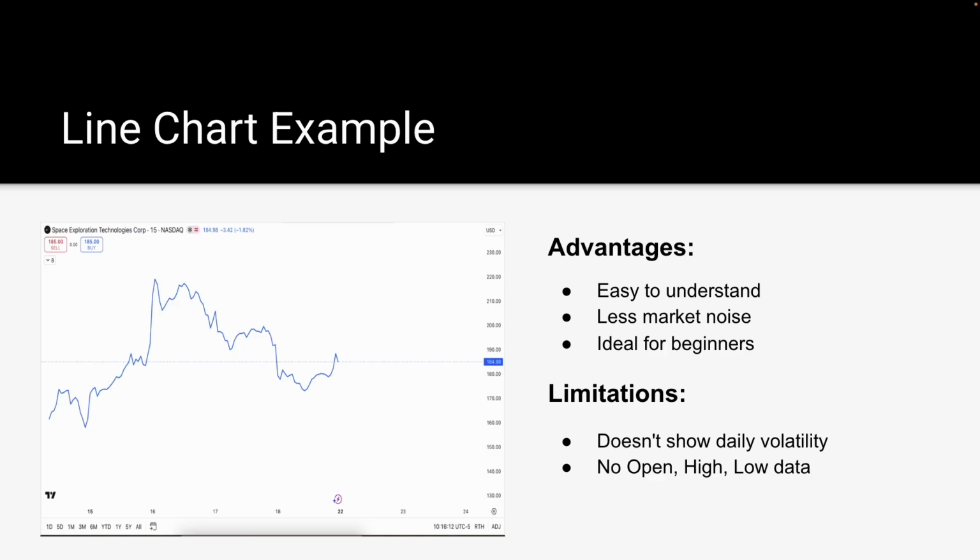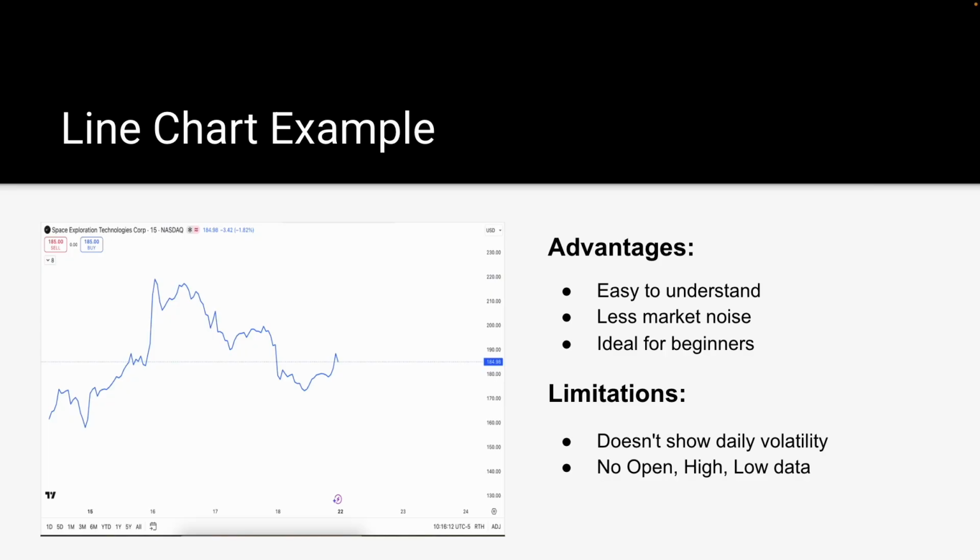Here, there are some advantages and limitations for this line chart. As you can see, the advantages are that it's easy to understand, it has less market noise, and it's ideal for beginners. Notice how only one price point per period is shown in this chart. Usually that point is the closing price.